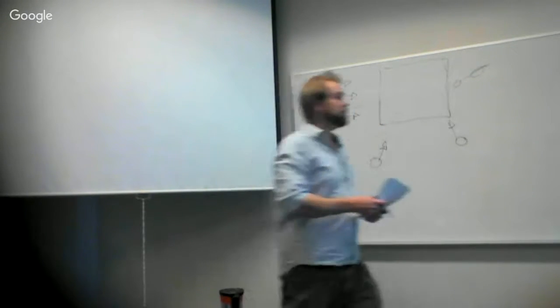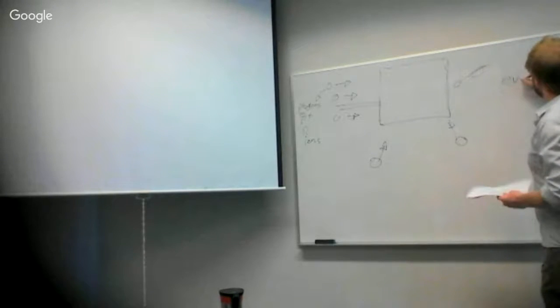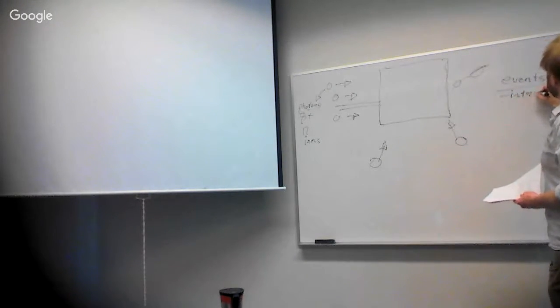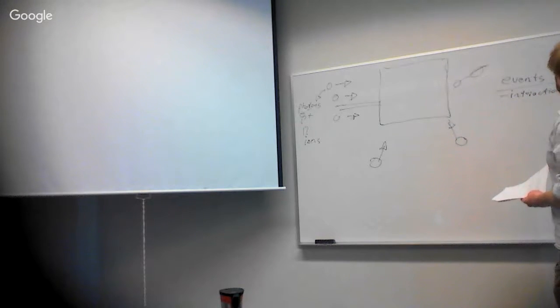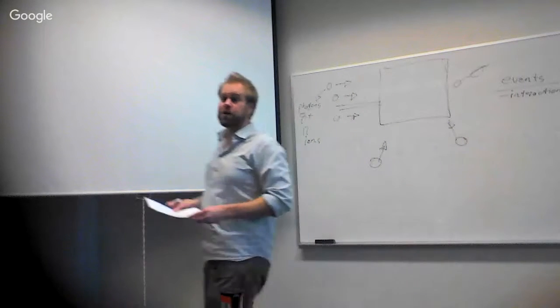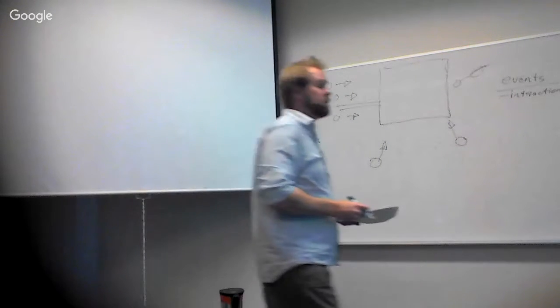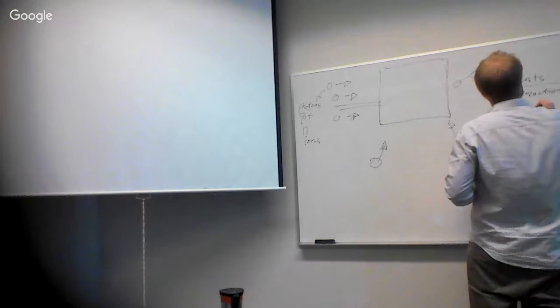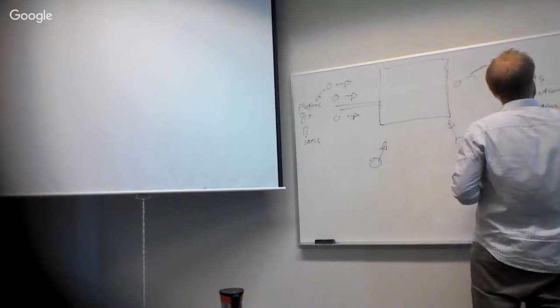So there's a bunch of events, and those events will have interaction types, because, as we'll see, different things can happen. And they'll have different interaction details.